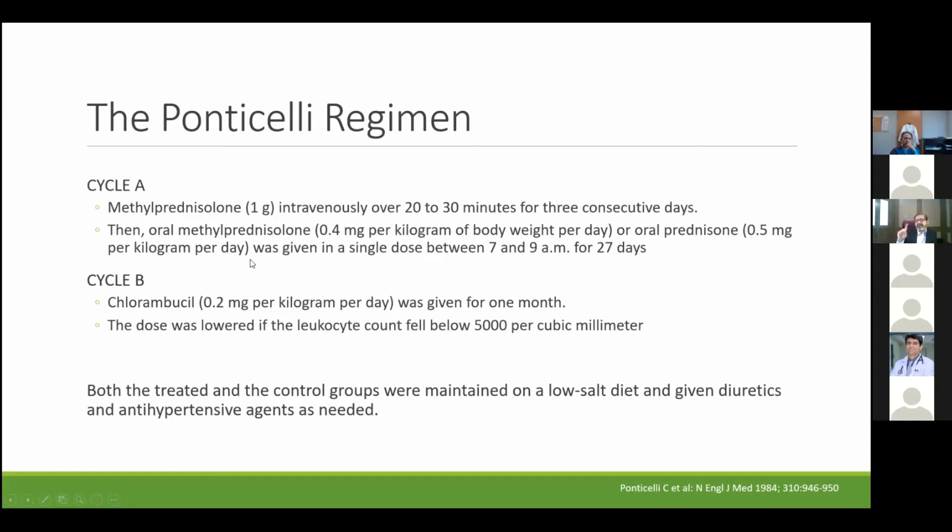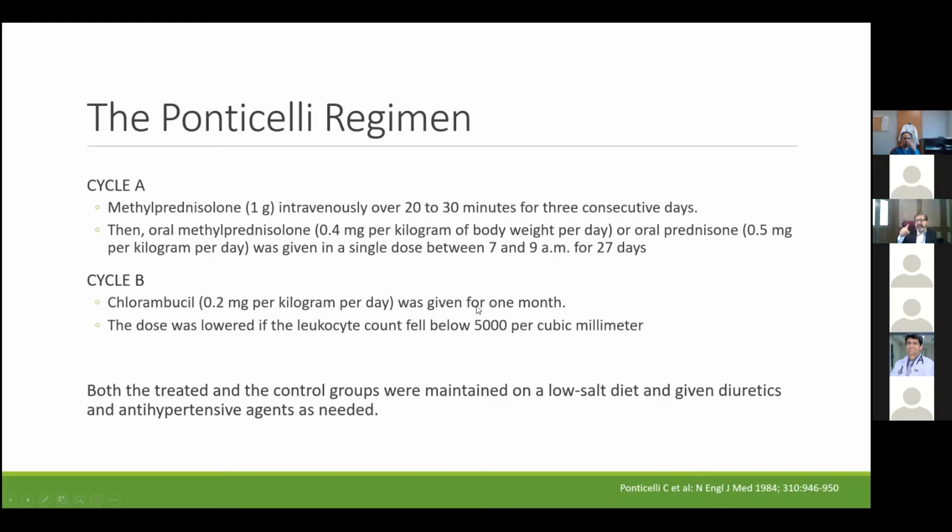And then for the rest of the 27 days of the month, you would use oral methylprednisolone or oral prednisone, and that would complete that month. Then cycle B treatment was chlorambucil 0.2 mg per kg per day for the next month.